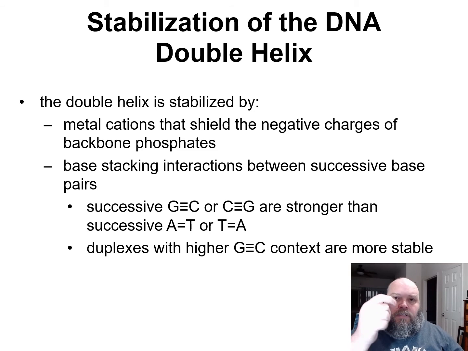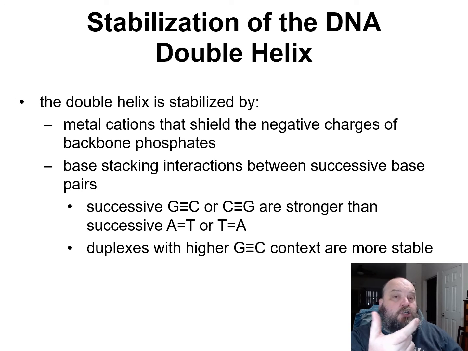A sequence in an oligonucleotide or a polynucleotide that is what they call GC rich. Lots of G's, lots of C's, so you have the 3 hydrogen bonds, is going to hold together and be harder to pull apart than a sequence that's AT rich. Lots of A's, lots of T's.